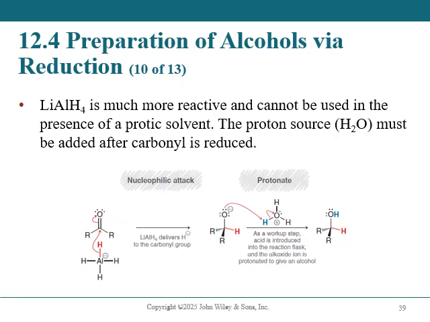The proton source must be added after the carbonyl is reduced. So in this case, while you still have that two-step process, you're still getting the second proton from your solvent, you must do that first reduction first. Once you've completed that first part, the nucleophilic attack, you remove that lithium aluminum hydride, and then you add your protic solvent.